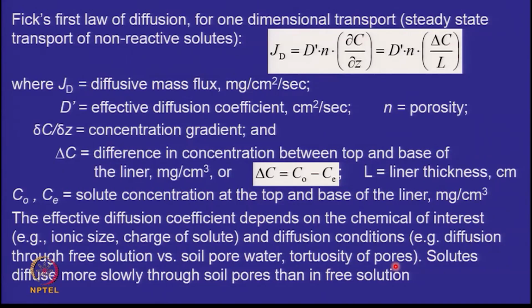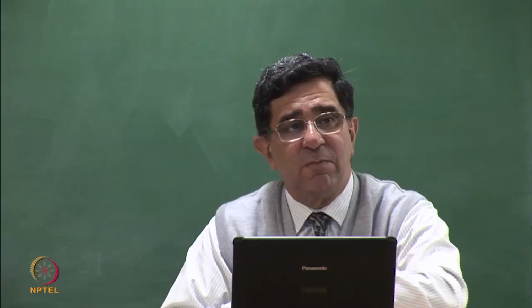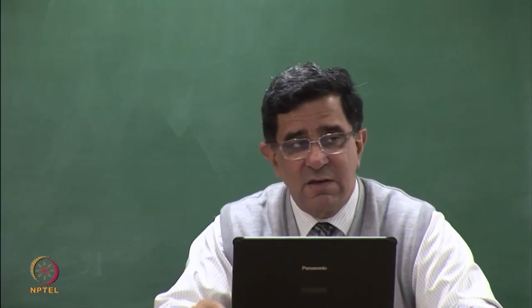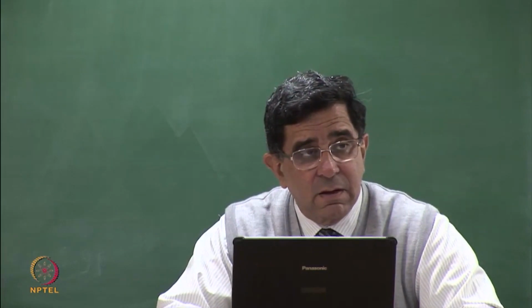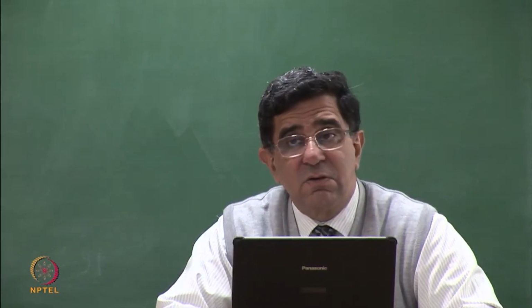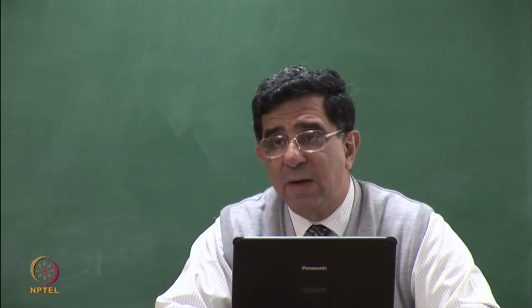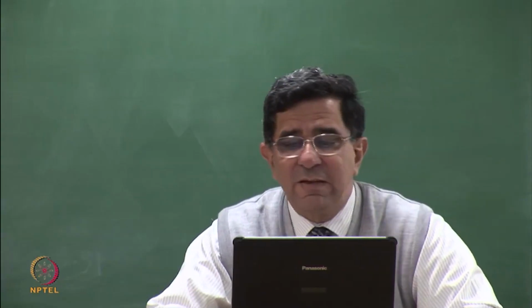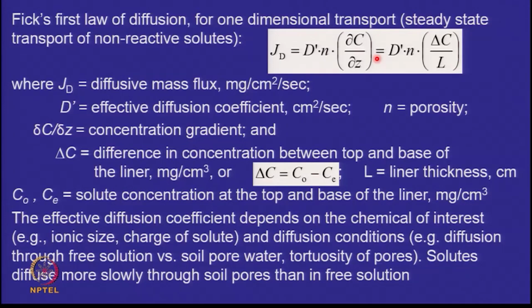That is why you find that the diffusion coefficient for a GCL is lower, because the tortuosity of the pores is larger. So in one case it is 6 into 10 to the power of minus 10, in the other case it is 2 into 10 to the power of minus 10. So just apply this and give me the values of the diffusive flux and compare the two.